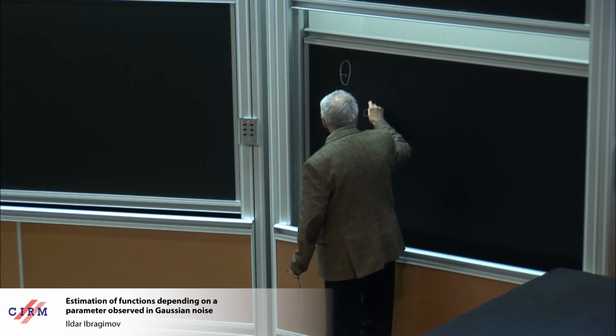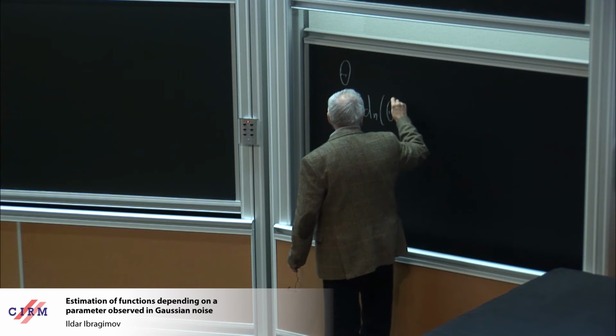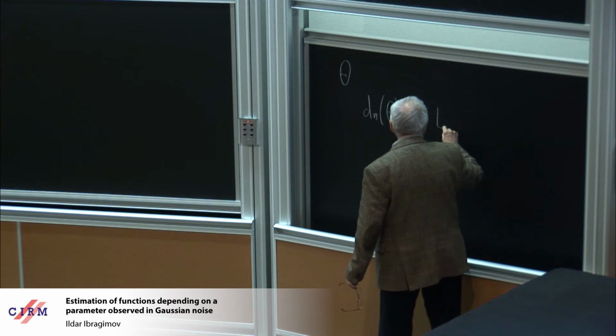The Kolmogorov diameter dn of theta goes to 0 as some power of n.